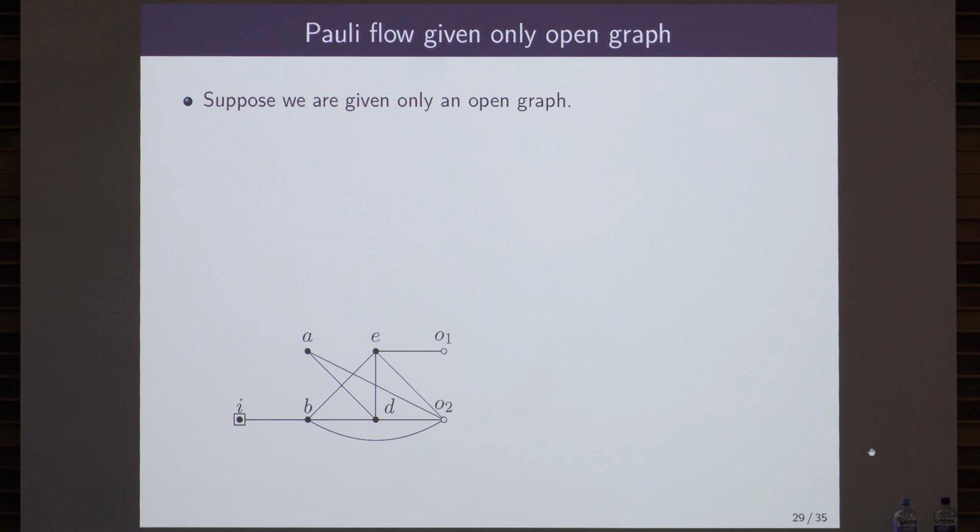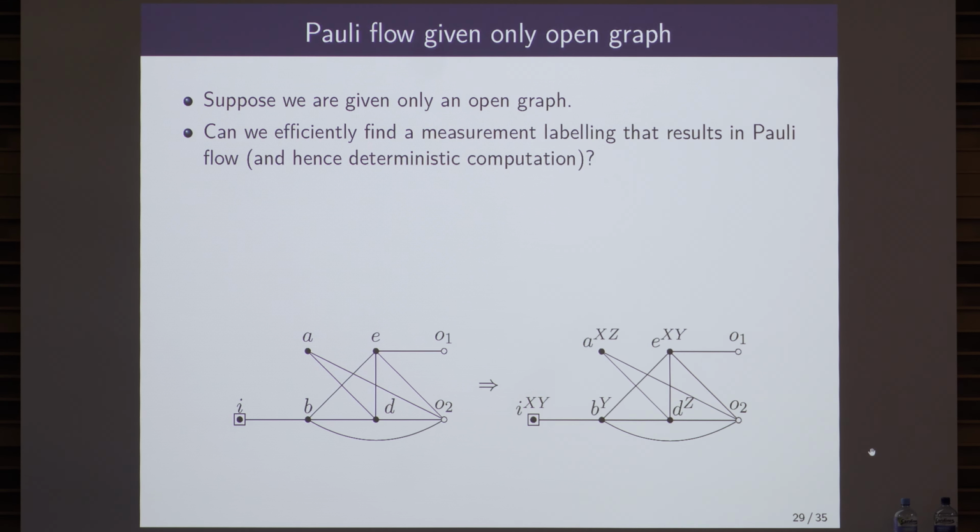So the meaning of interesting computation is that we probably want that computation to be possible in a deterministic way, because if it's not possible in a deterministic way, then there's not really a reason to try to do that computation in practice. And that then translates to the question of whether we can choose some measurement labels that would result in polyflow.